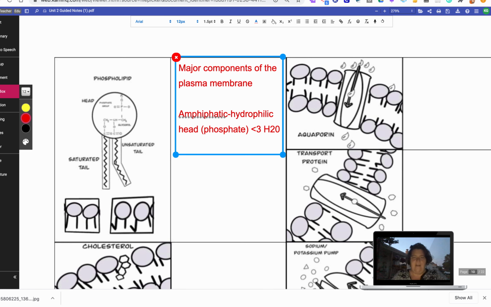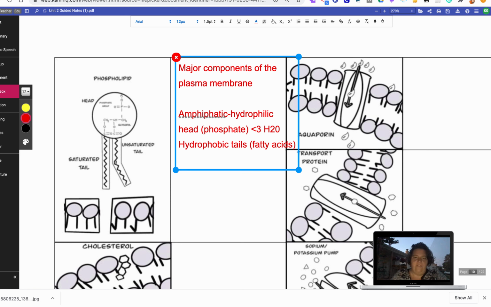And then they have hydrophobic tails, which are made of fatty acids. Those fatty acids, the hydrophobic tails, don't interact with water. They don't like water.